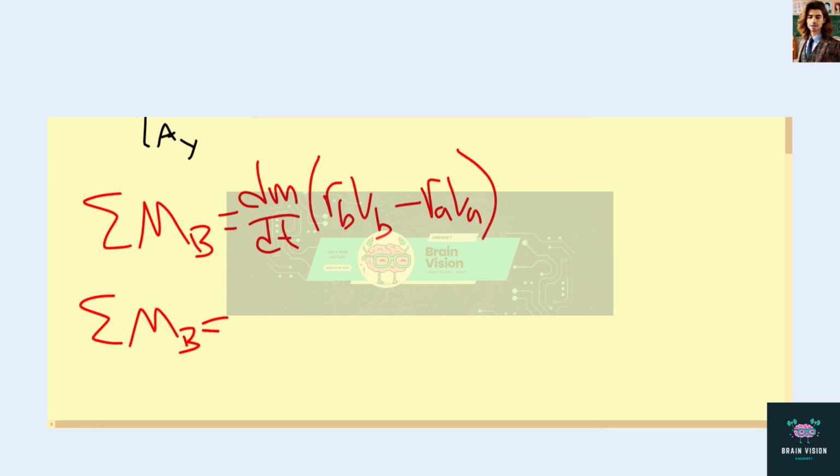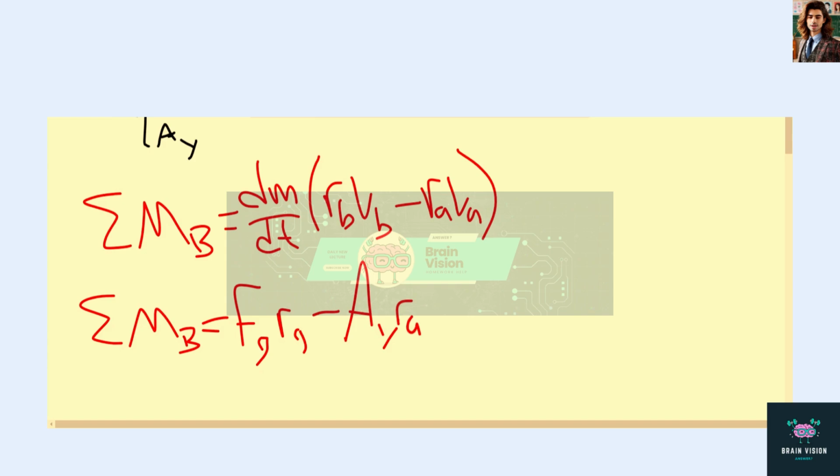We have two forces acting on the system: the gravity and the vertical force at point A, which is AY. So we're going to have FG acting at a distance of RG, and that is acting one way, and the opposite way is AY acting at a distance of RA.